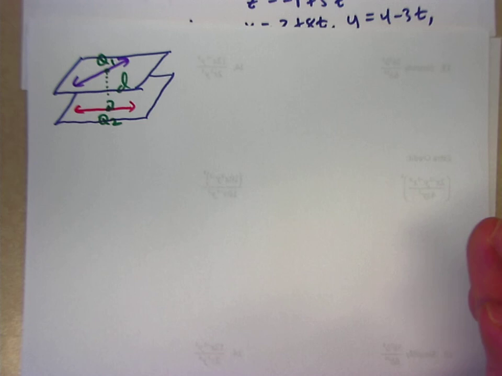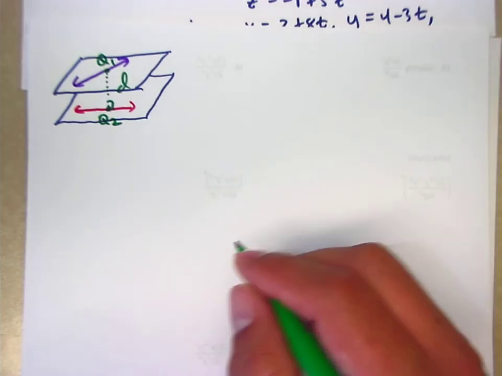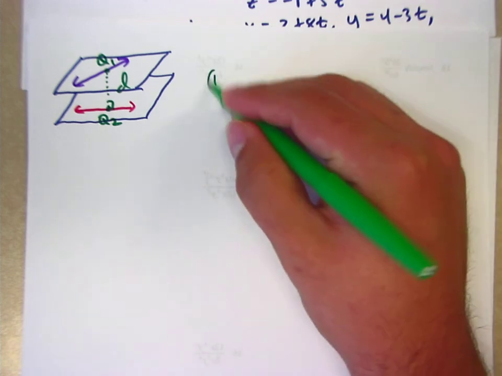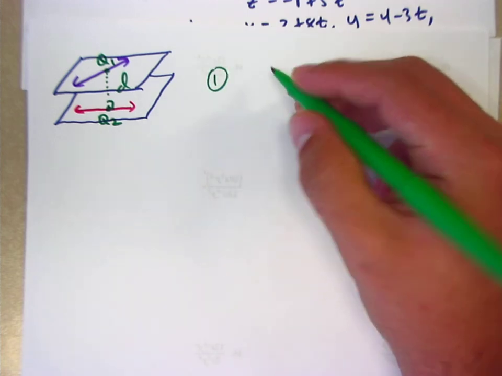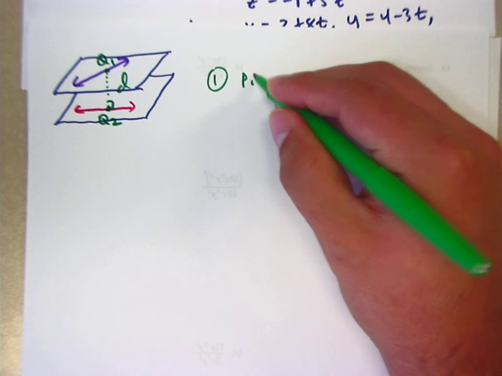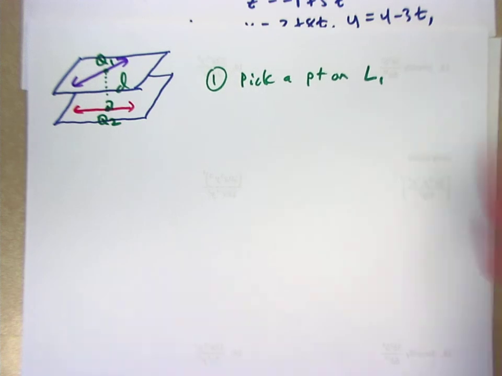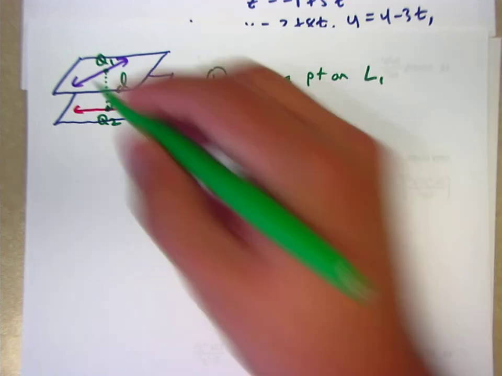So here we go. To find the distance between these two skew lines, we're going to do something similar to the previous example. We've already kind of set it up. First thing is you're going to pick a point on the first line. So that would be my Q1.